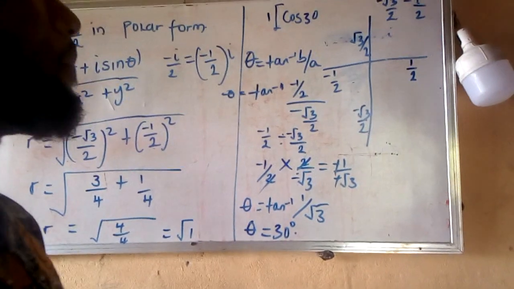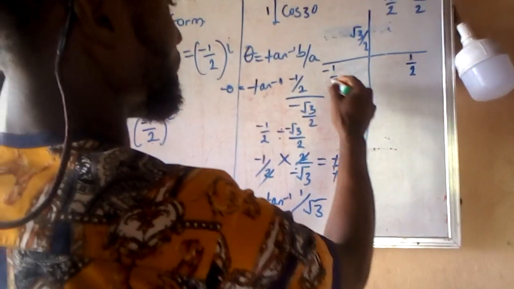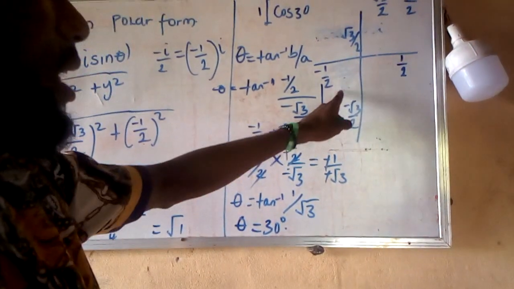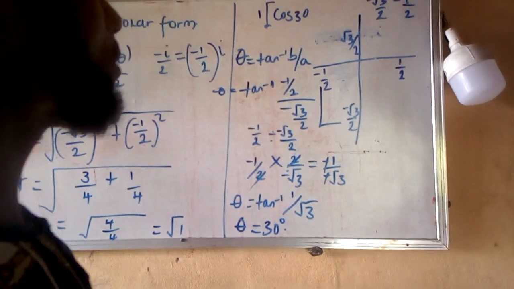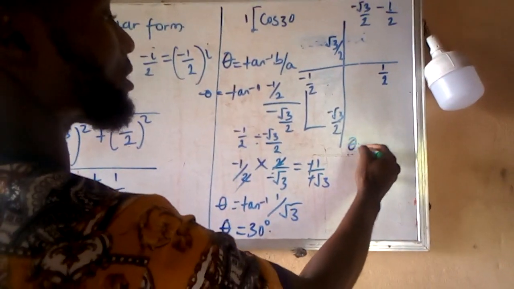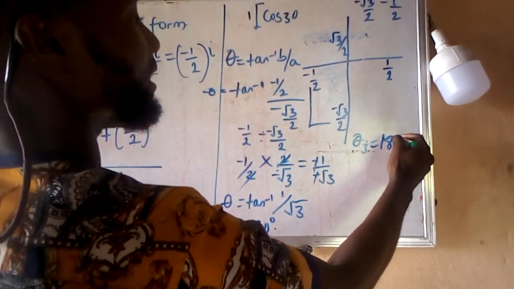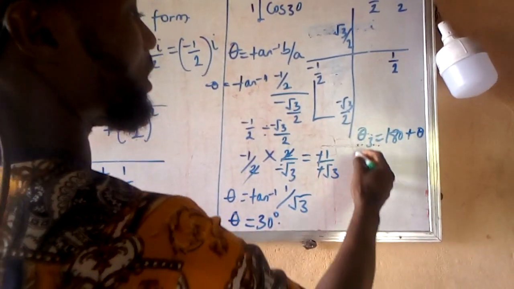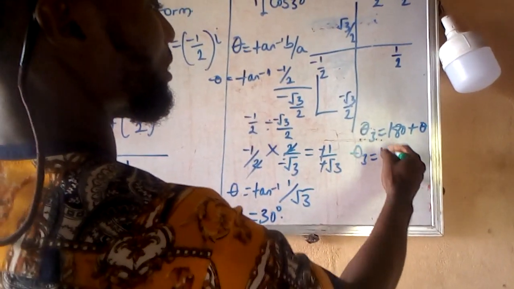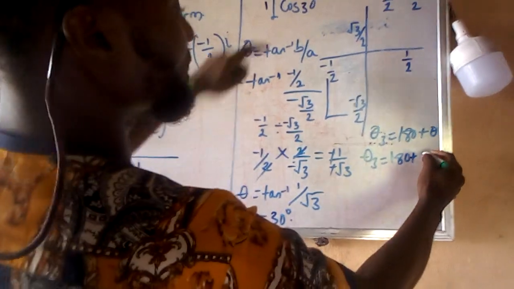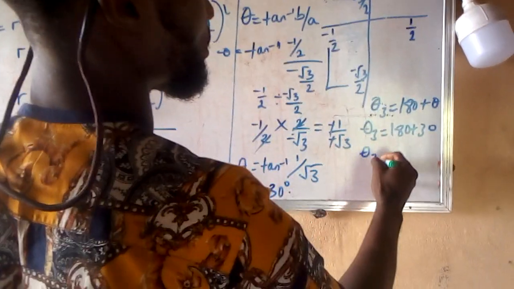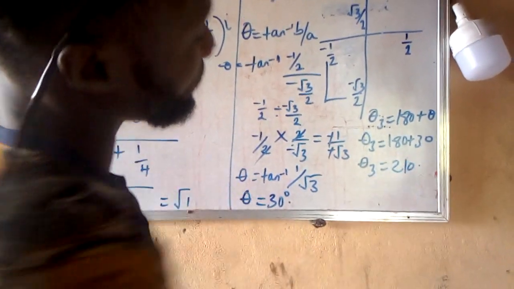You want to check now these in the third quadrant. The third quadrant is always equal to 180 plus theta. So now 180 plus my 30 degrees gives me 210.